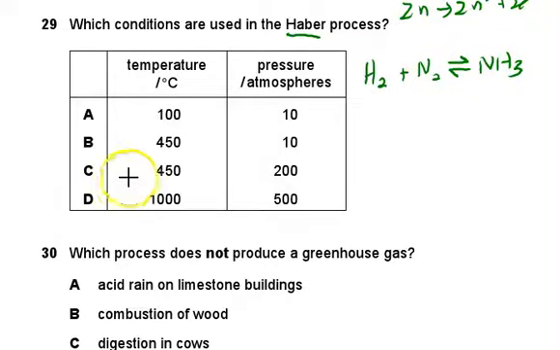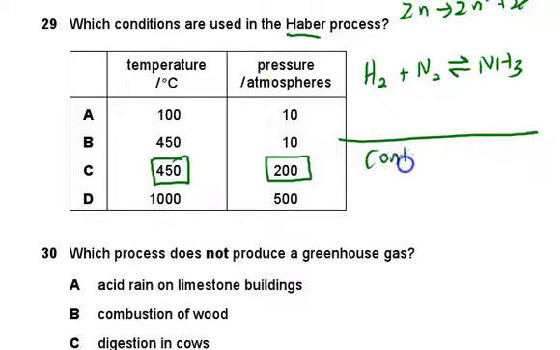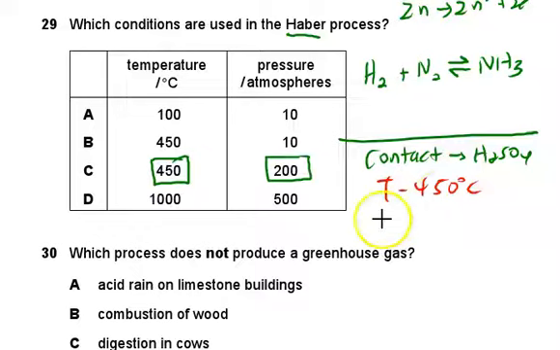Your temperature here will be 450 and your pressure here will be 200. So don't get confused with the contact process. The contact process is for the manufacturing of sulfuric acid. Here they have the same temperature, 450 degrees Celsius, and the pressure here will be 1 to 2 atm. So please don't get confused.